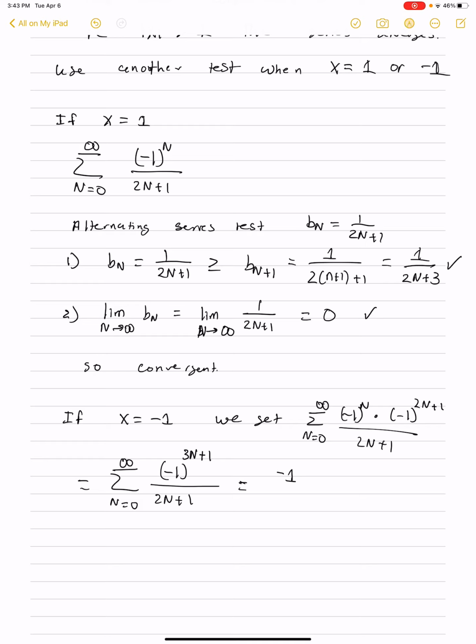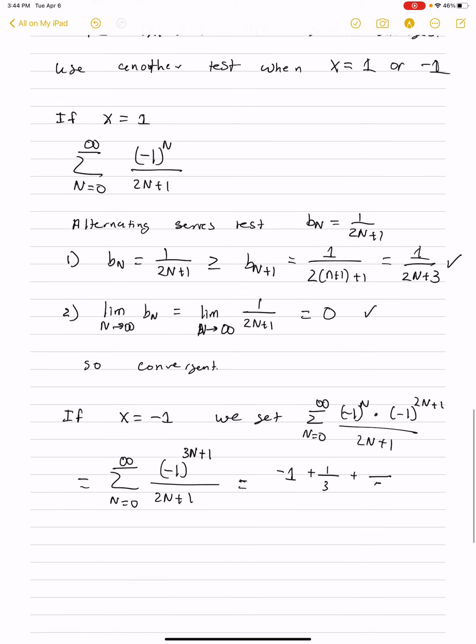The next term is going to be n equals 1. That's going to be a positive 1 in the numerator. This is going to be 1 over, the denominator will be 3. When n equals 2, the denominator is going to be 5. And the minus 1 power when n is 2 is going to be 7, so that's negative.